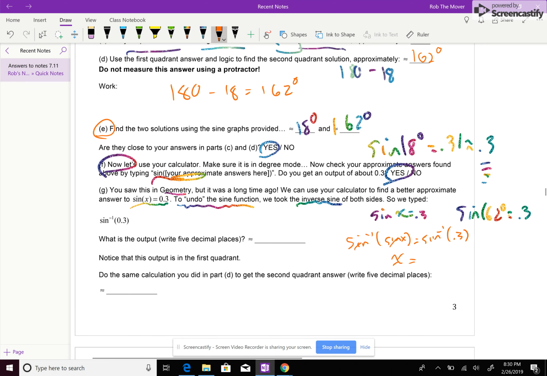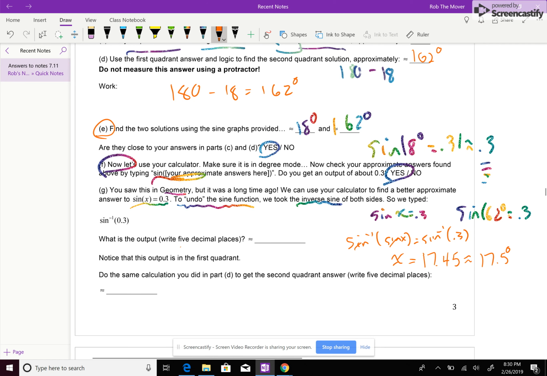I got 17.45 degrees. If we round to the nearest tenth, that'd be 17.5 degrees. So we were pretty close. We approximated it to be 18 degrees, and it was 17 and a half, or if we round down to 17, pretty good.